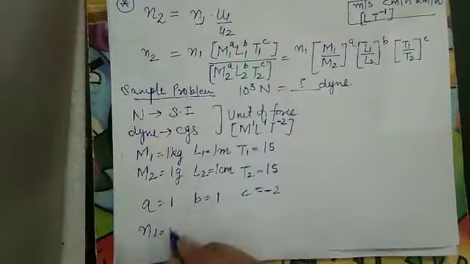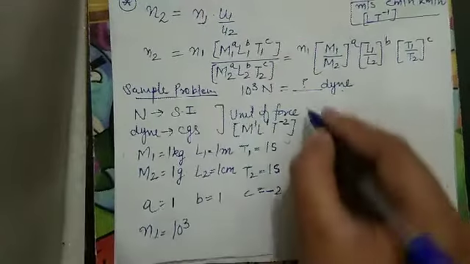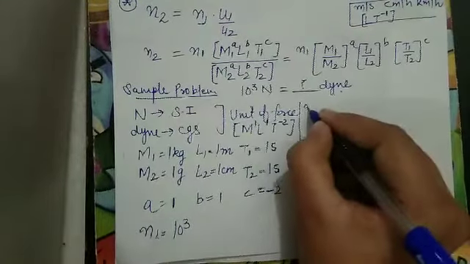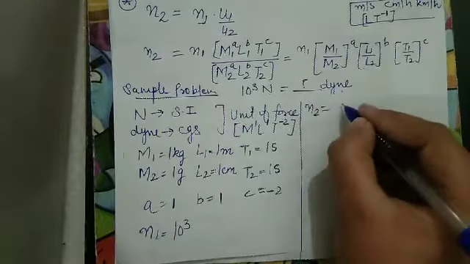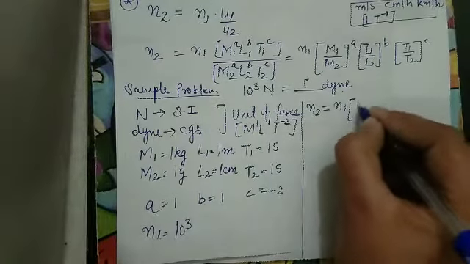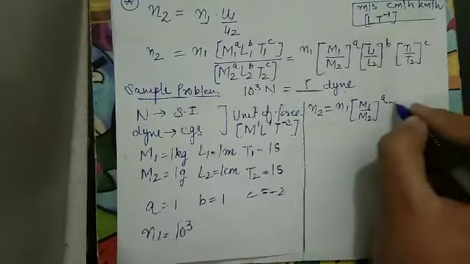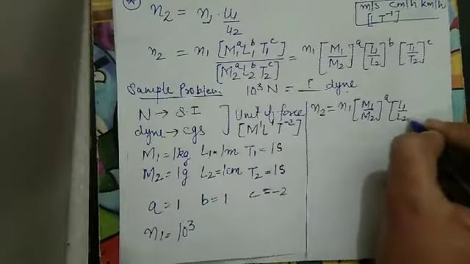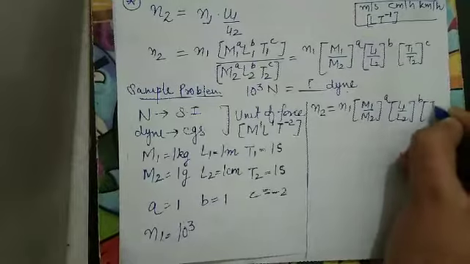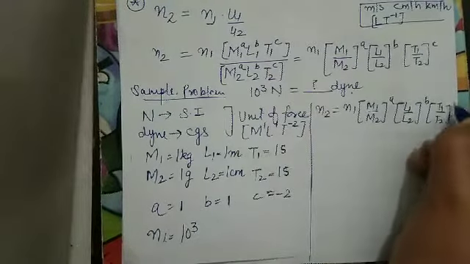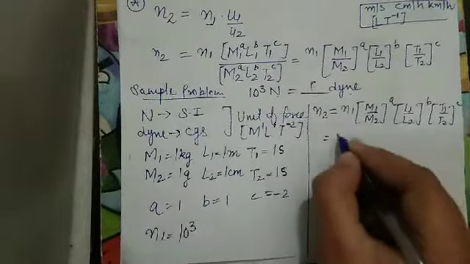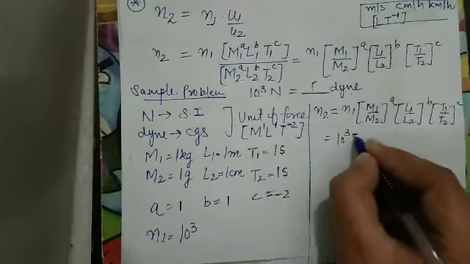That is 10 raised to power 3. Substituting all these in the formula, N2 equals N1 into M1 by M2 power A, L1 by L2 power B, T1 by T2 power C. So what is N1? 10 raised to power 3.